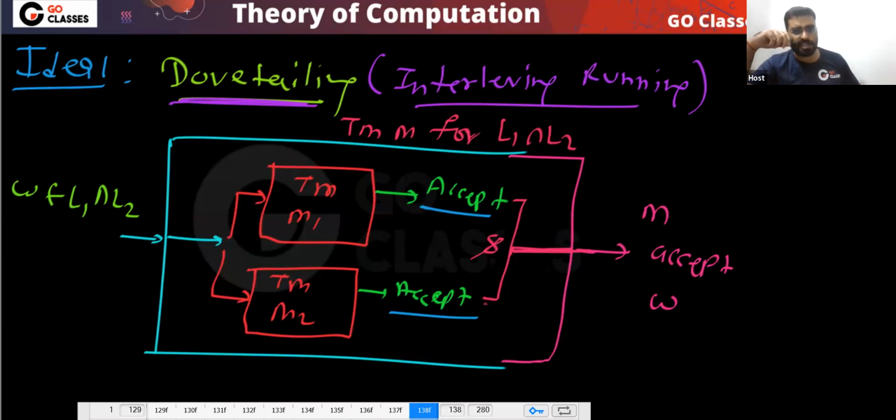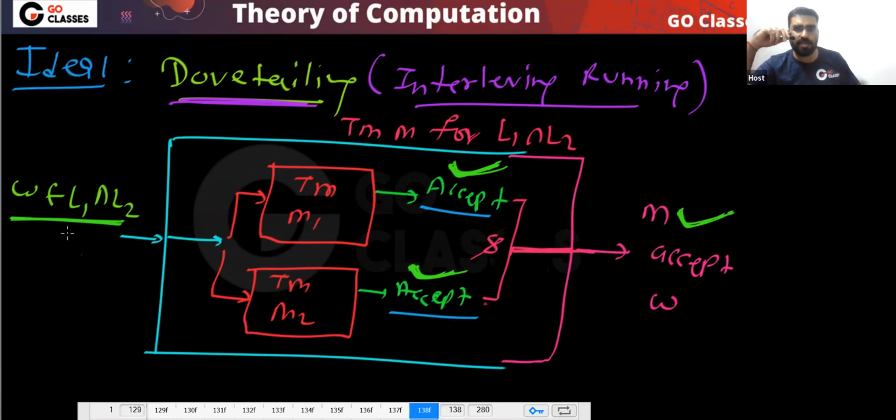Can you guarantee for these strings which are common? It will definitely happen. Yes or no? These two things will definitely happen.